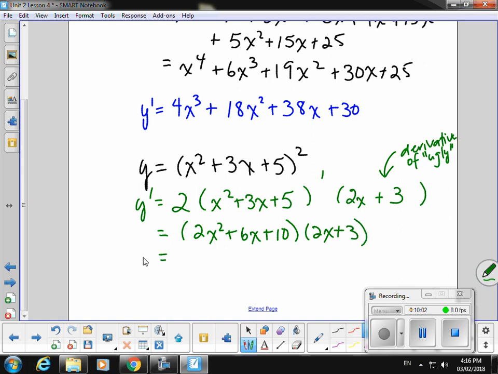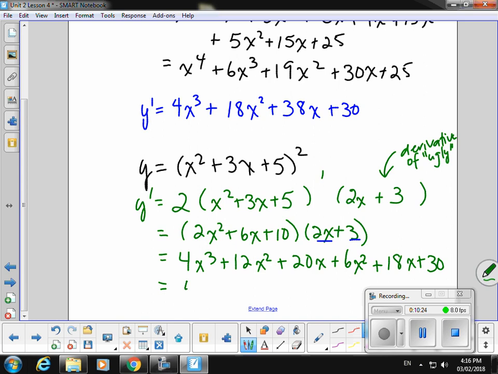I'm going to deal with this guy first. I would get 4x cubed plus 12x squared plus 20x. Plus, deal with him now. 6x squared plus 18x plus 30.